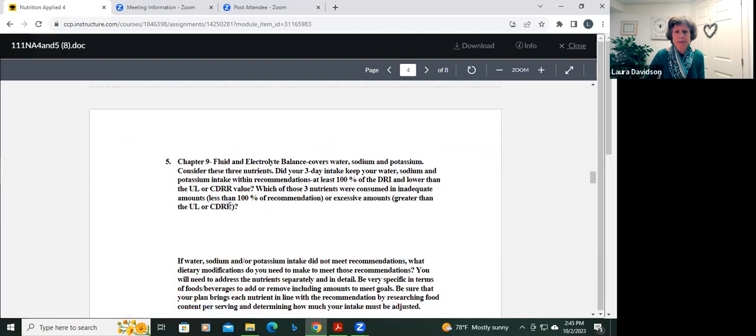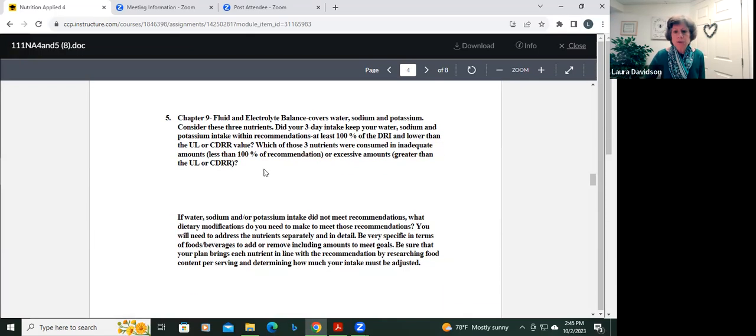And now we're going to dig in a little bit further. So each of these chapters looks at vitamins, minerals, and water from a functional approach. So chapter 9 was focused on fluid and electrolyte balance. And what you're going to do is answer the questions. Did your intake from water, sodium, or potassium fall within the recommendations, at least 100% and lower than the UL?